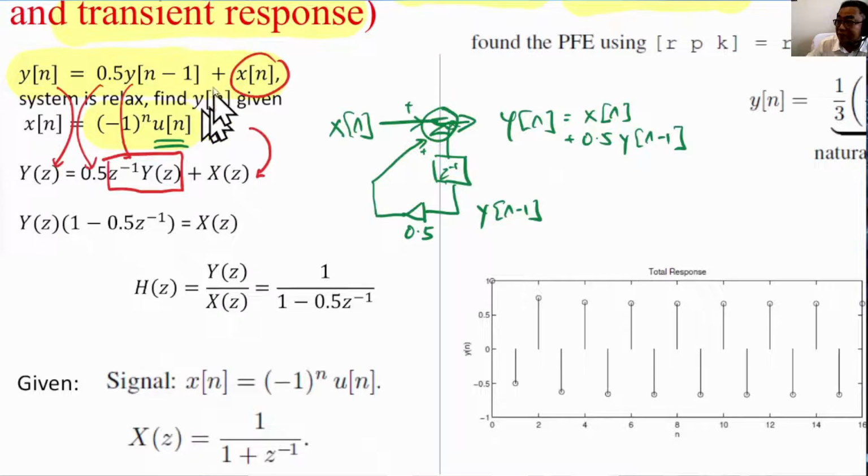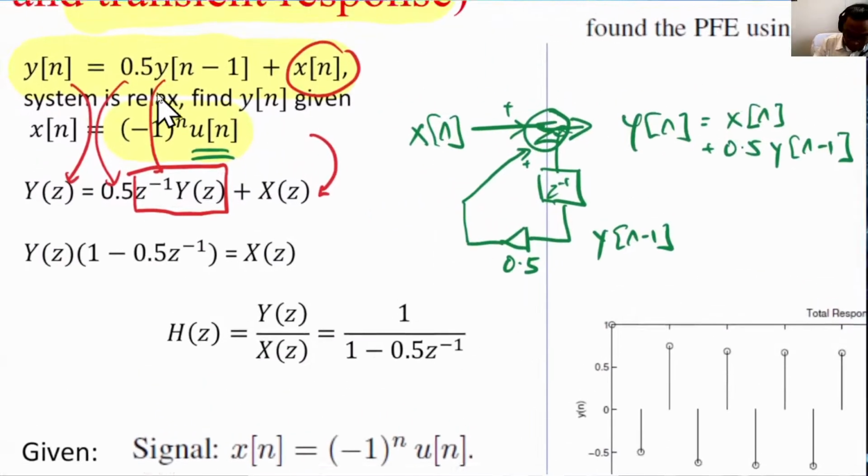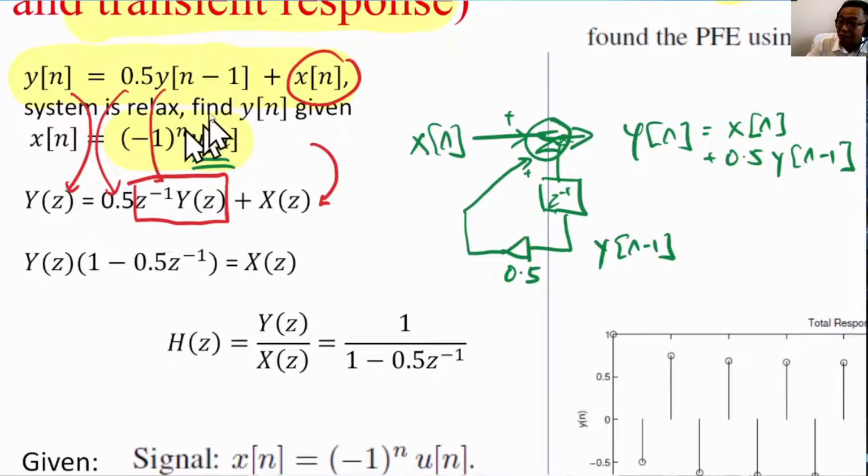Okay, so that's the trick we use again. Remember that the Z-Transform property is, when we take the Z-Transform of a constant multiplied by y[n minus 1], the constant goes outside, y[n] becomes Y(z), and to take care of the minus 1 is z^-1.